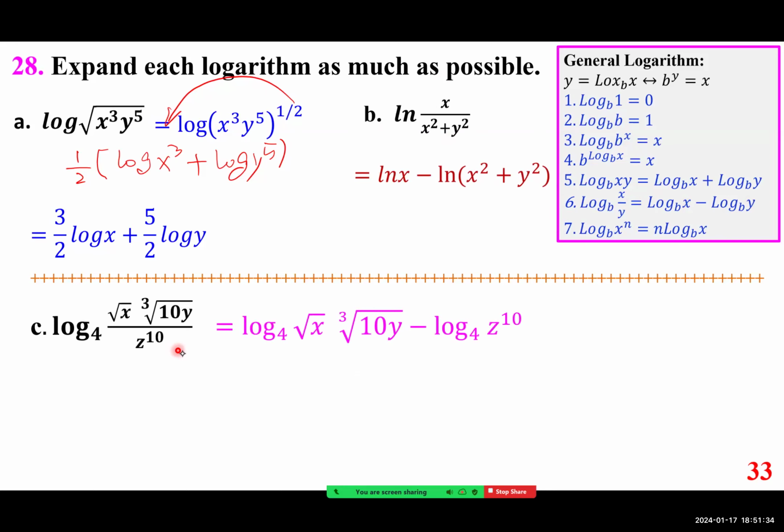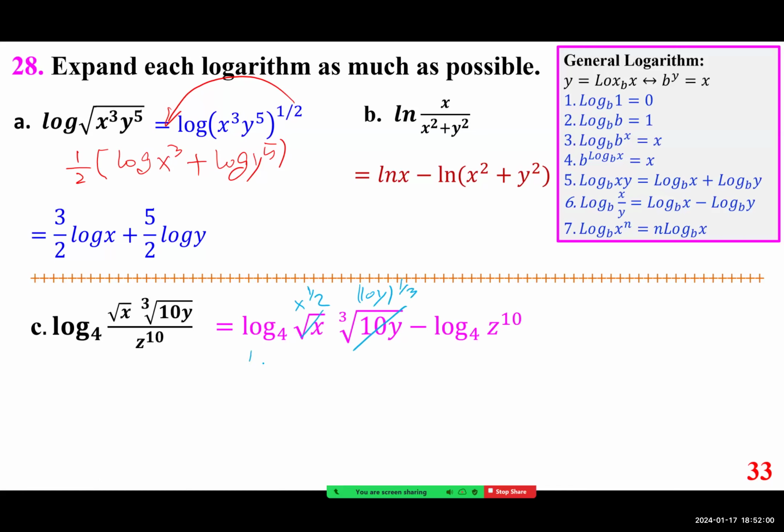Now, the top, we can write this as x to the power of 1/2, and this one 1/3.